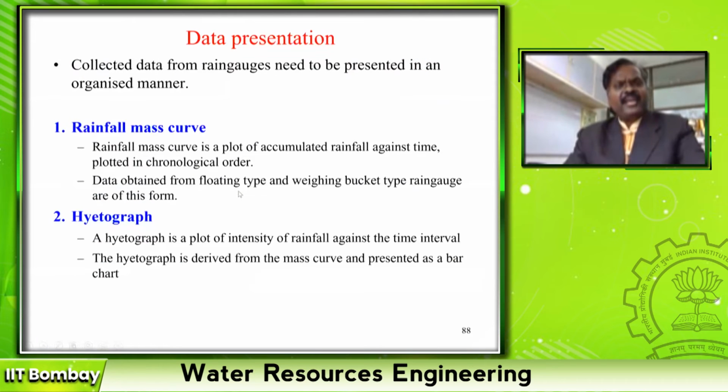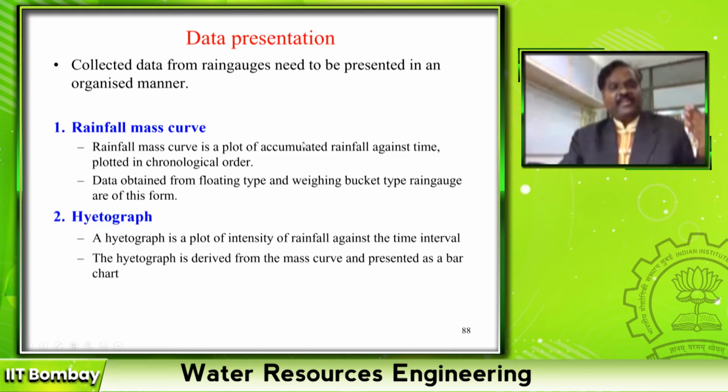Once I did all these calculations, my data is now completely filled, with no missing data. I check the consistency of the data. It is inconsistent: one rain gauge station is inconsistent with all others. Then I have to present it to my boss. How can I present? There are different ways we can present the observed data.